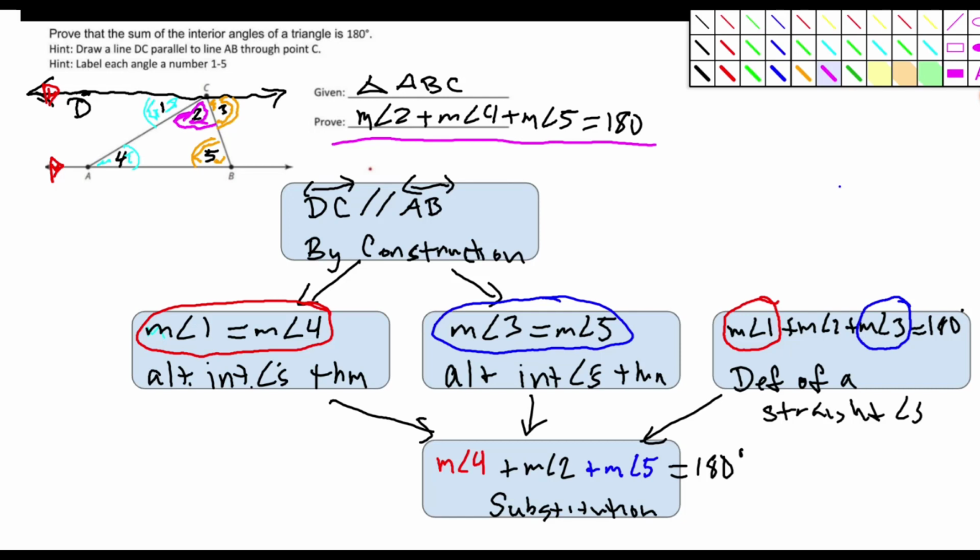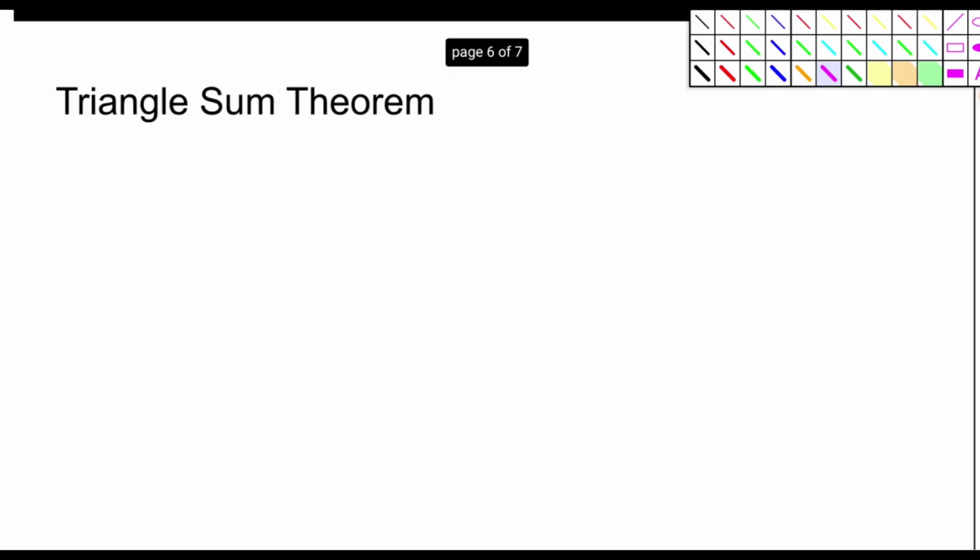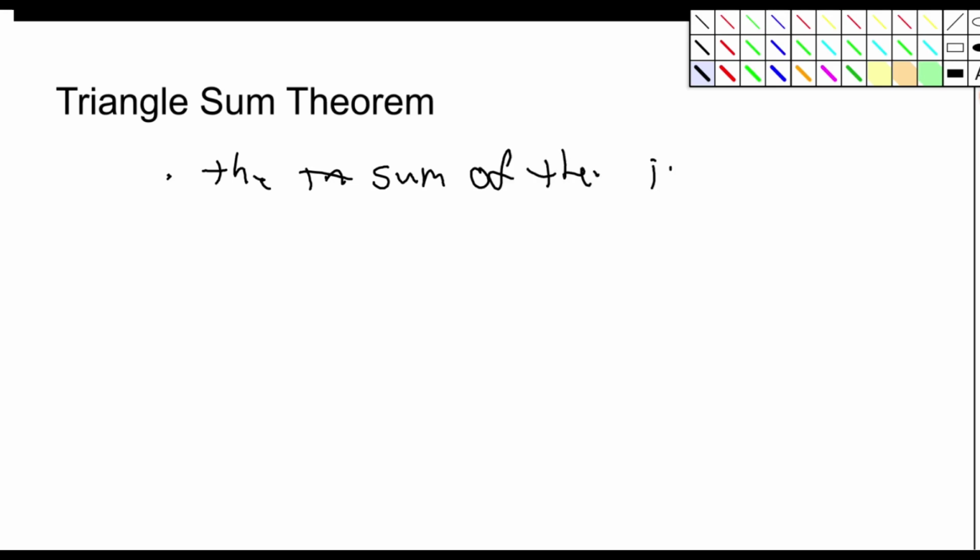And guess what? Now we can write our theorem. So let's write a theorem from this one. Triangle sum theorem. What is the triangle sum theorem? The sum of the interior angles is 180 degrees.